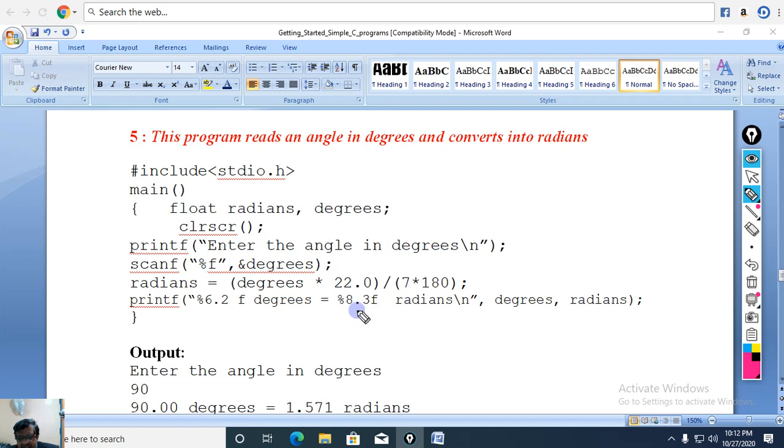This is 8, the width is 8 characters, and 3 is the third decimal place of accuracy.